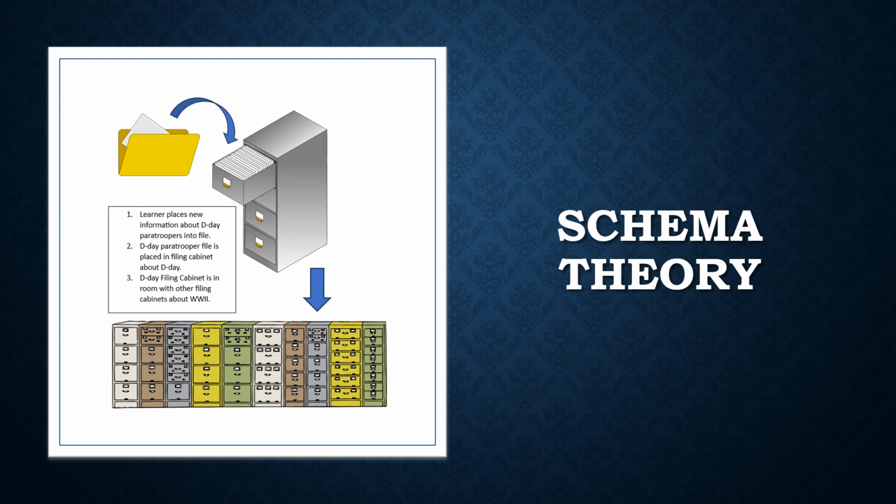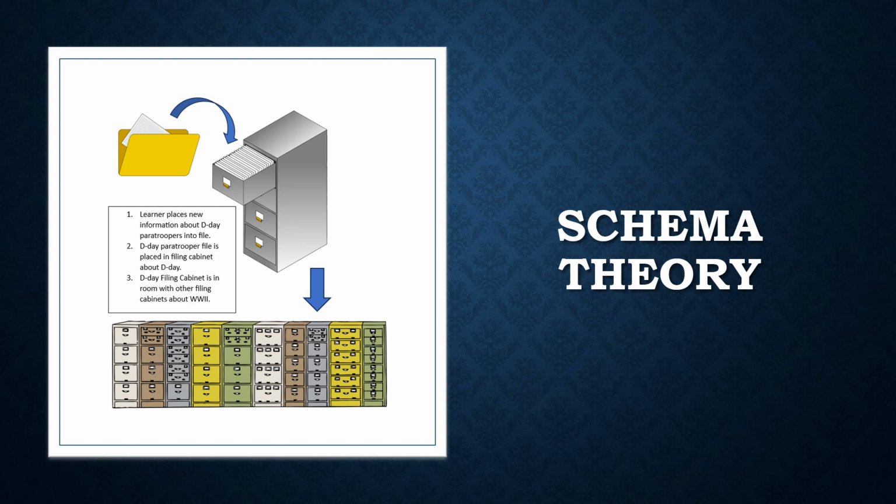So in this theory, it suggested that a reader would access these filing cabinets when they are reading about a topic. And they may be connecting completely new information to information that they already have in their filing cabinet, or connecting information that they've already learned and know a little bit about to information within these bigger filing systems.